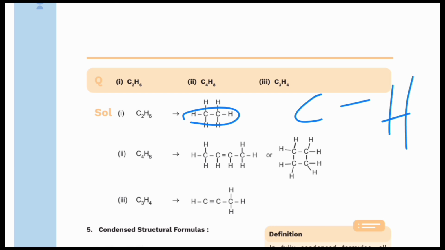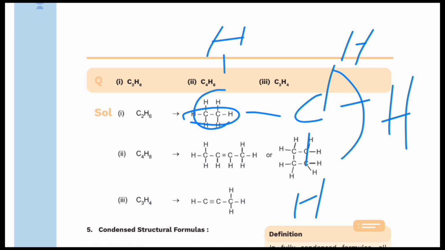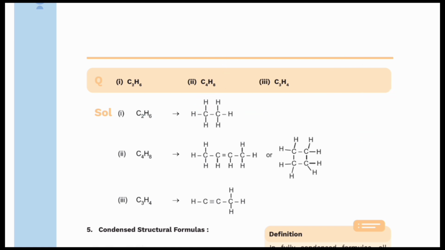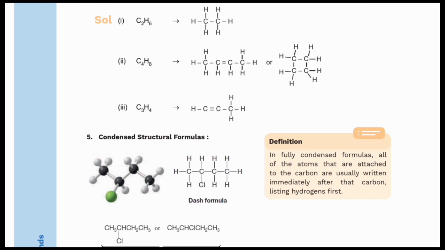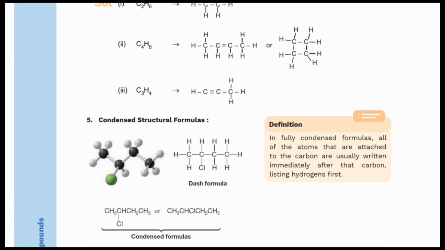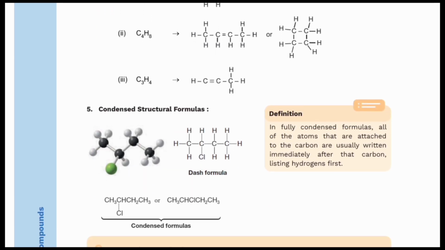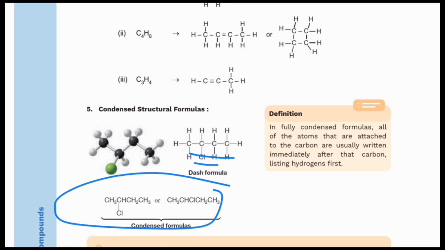One carbon is attached with four hydrogens, or in ethane it is attached with three hydrogens and one carbon atom. And C4H8 condensed formula. In a fully condensed formula, every hydrogen is written where it is attached.